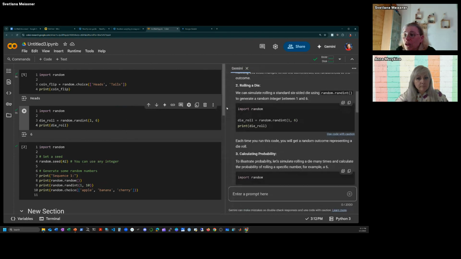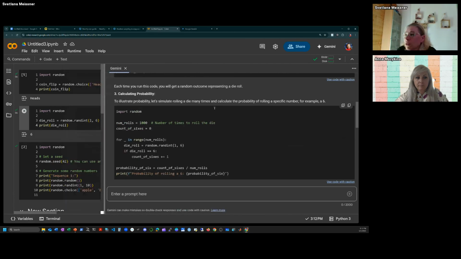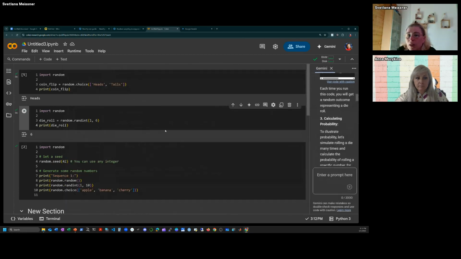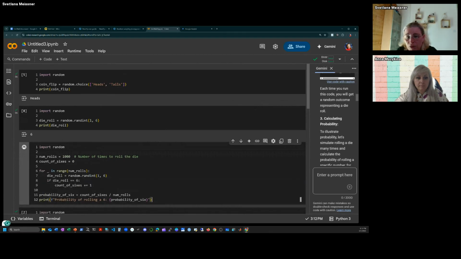What else is interesting? Let's look at these further possibilities: calculating probability. To illustrate probability, let's simulate rolling a die many times and calculate the probability of rolling a specific number. We can copy this part of code, add an additional cell, and run it.